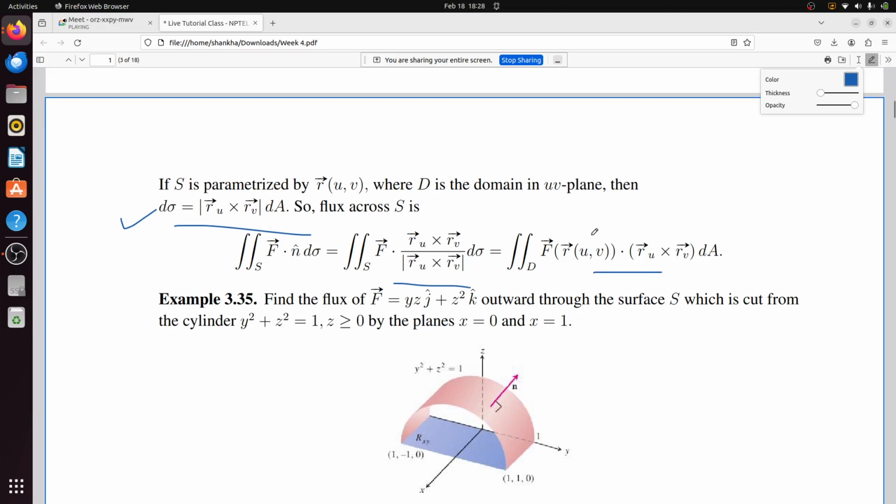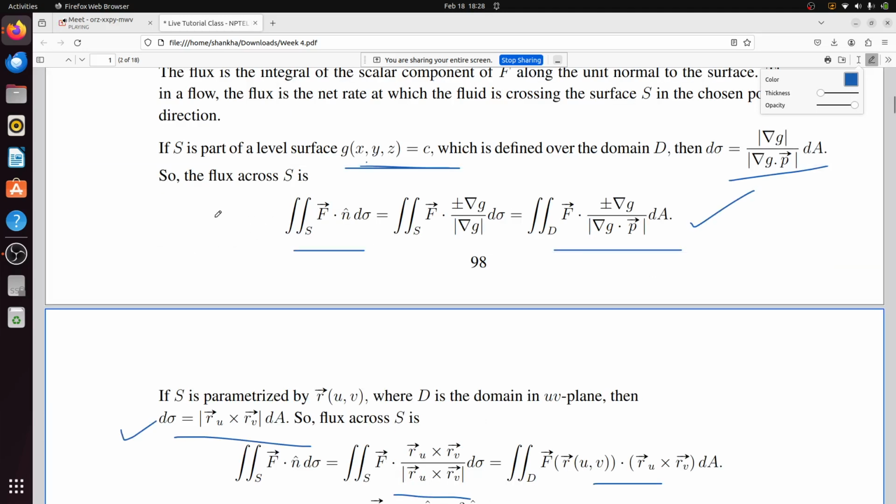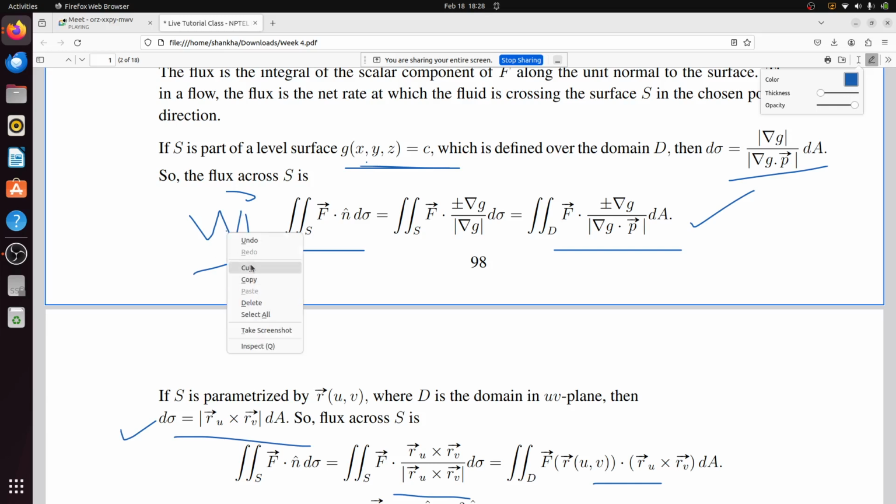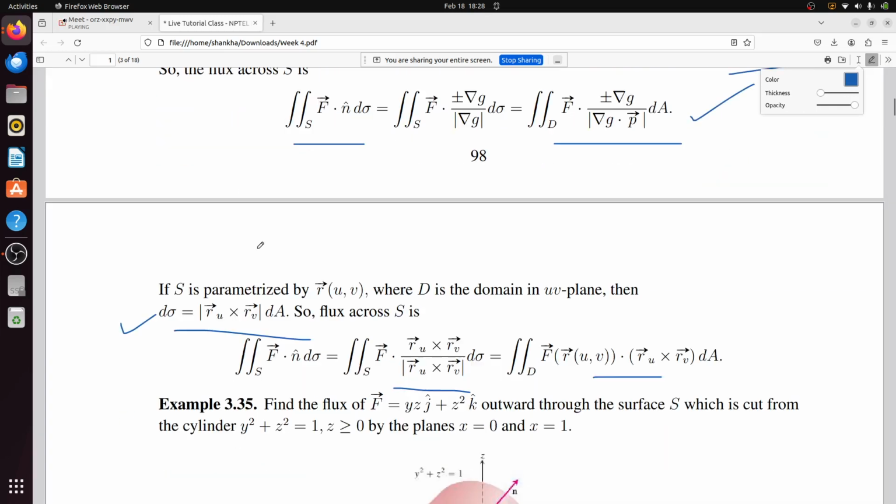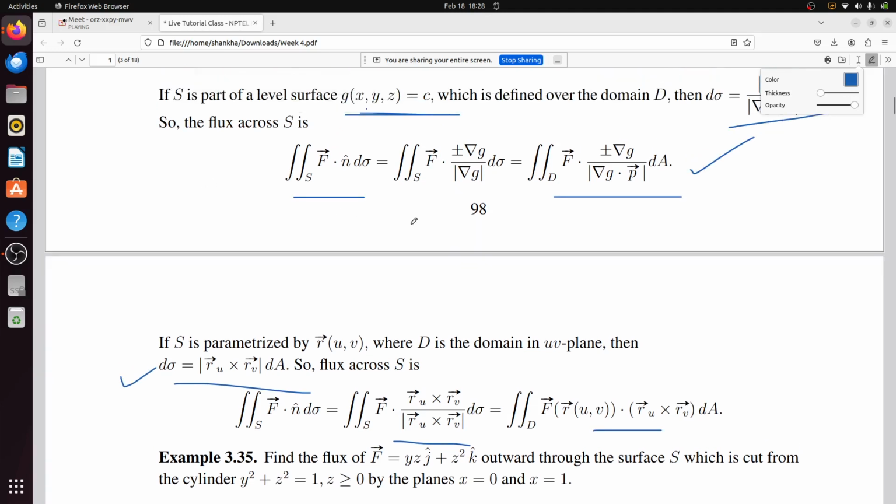But mostly we will use this formula. This is the most important formula.